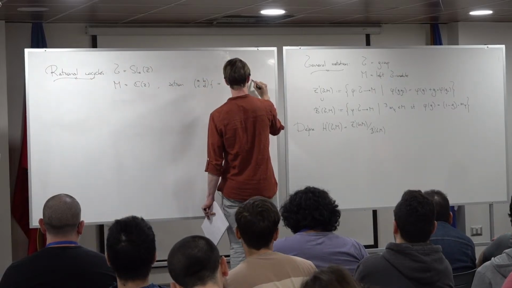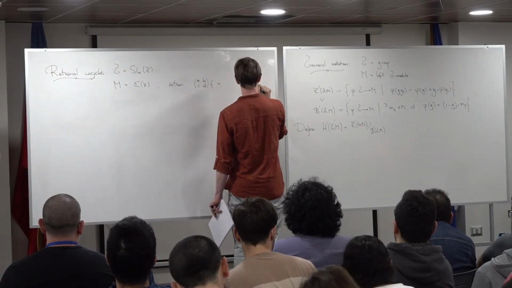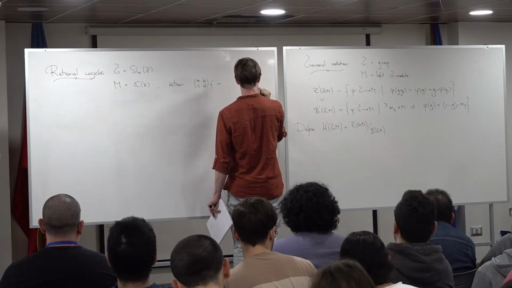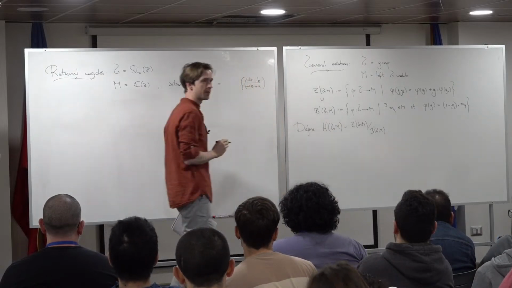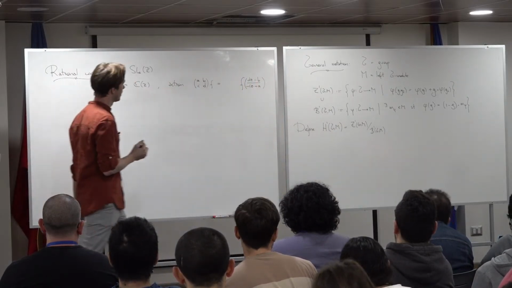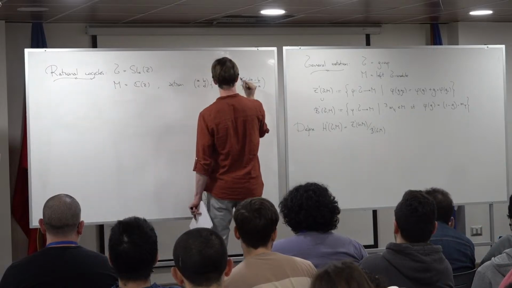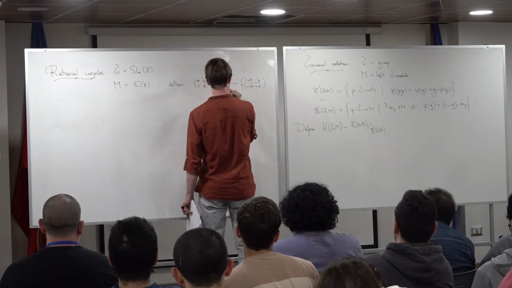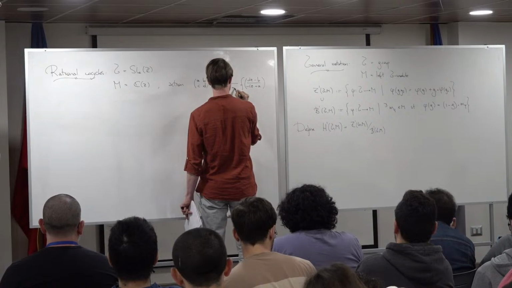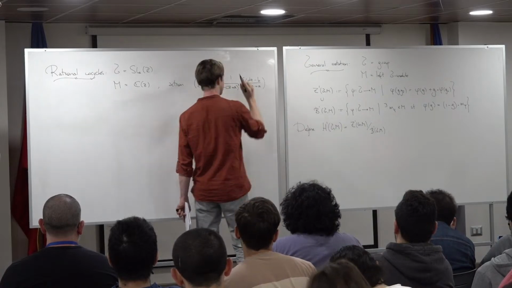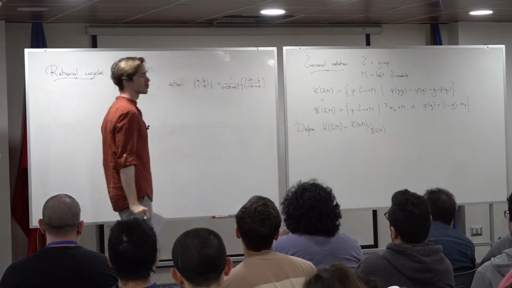So that's (dz - b)/(-cz + a), like so. And I'm going to consider the weight 2 action. So I divide this out by (-cz + a)^2.